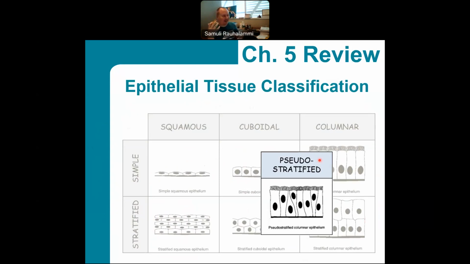These are things that some people claim are scientific, but it's really not, such as reading tea leaves or astrology and so on. So pseudostratified means that we have cells that might appear as if they were multi-layered, but in reality, each and every one of these cells is just one layer. They all connect to the basement membrane. So it looks like multiple layers, but in reality, it's a single layer of cells.